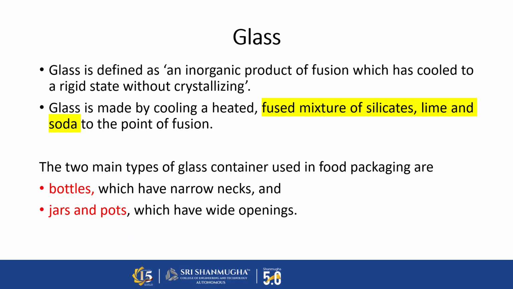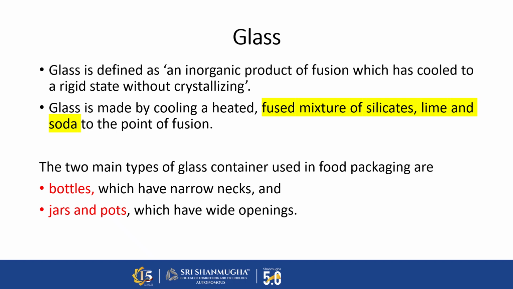Usually glass is made by heating a mixture of sand, which is silicate, and sodium carbonate, and lime, calcium carbonate, until it melts. When the hot liquid is cooled quickly, it becomes solid without crystallization, which gives glass its smooth, transparent structure.